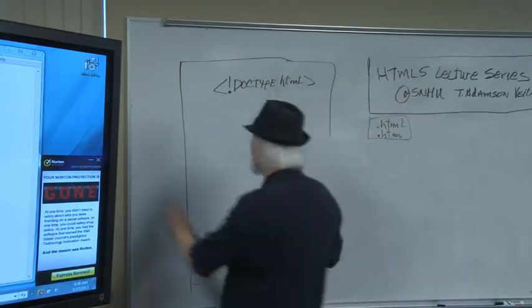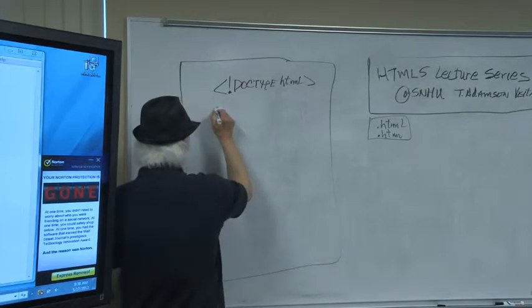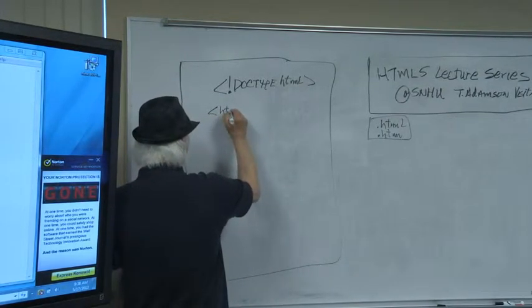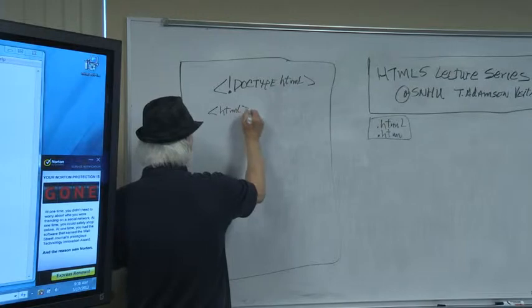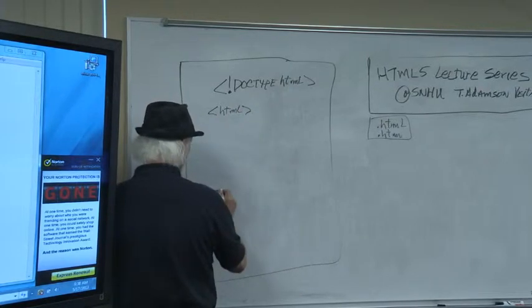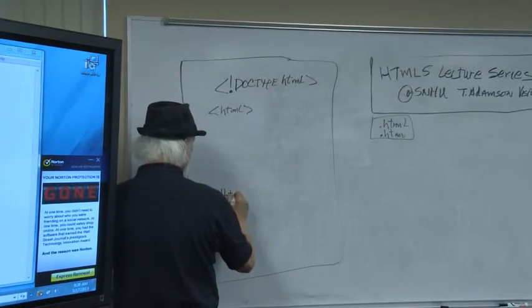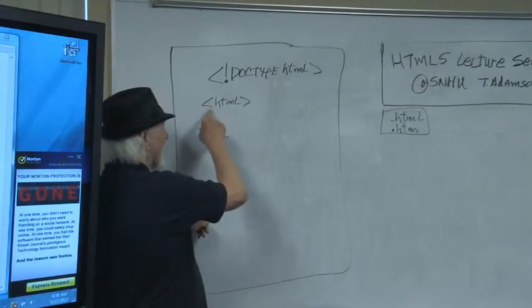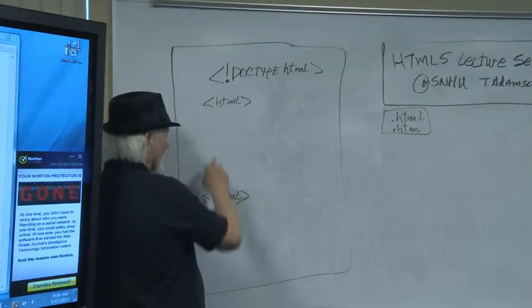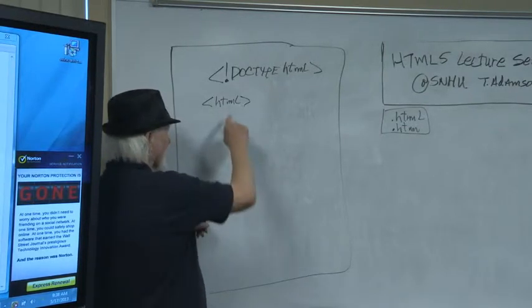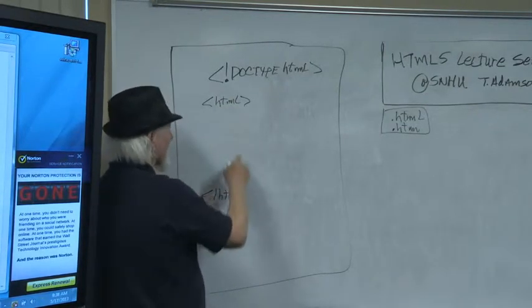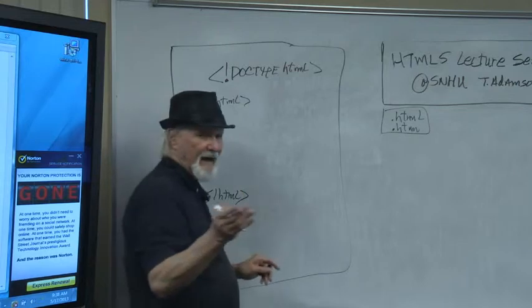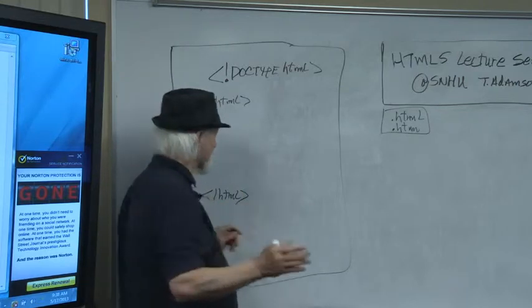The very first thing that we have is an element called HTML. And so here's my HTML element. The element, as a reminder, has a start tag and an end tag, and then it has whatever is between it. Right now, this is acting as an empty element.